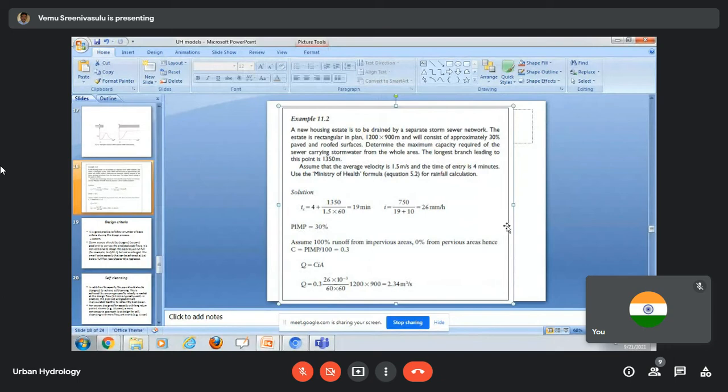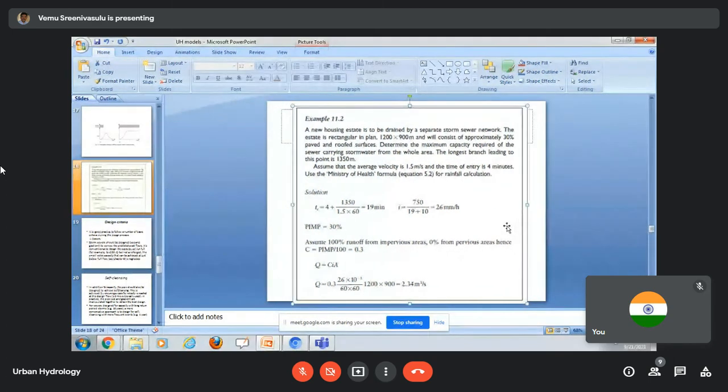Now Q is equal to CIA, and substitute all those values. Q will be 2.34 meters cubed per second. Okay, so this is how you can calculate the Q value, right?